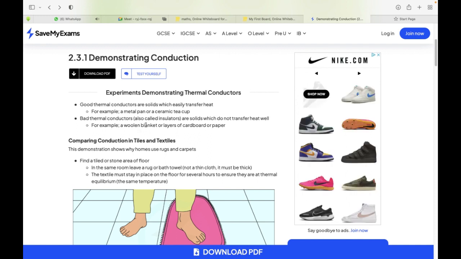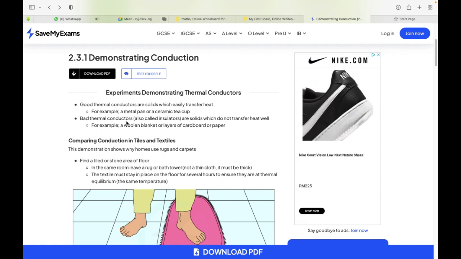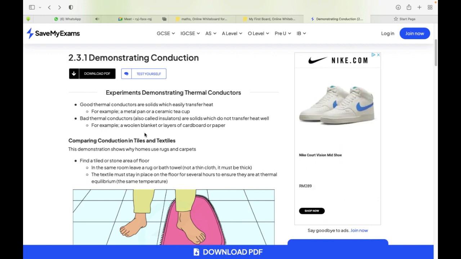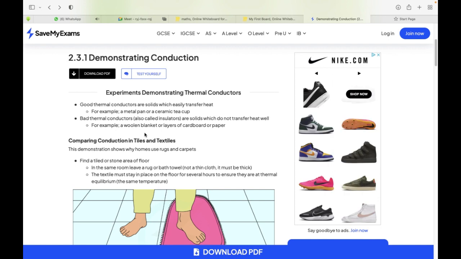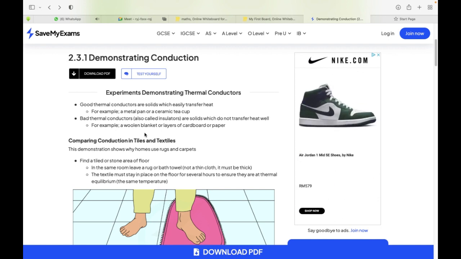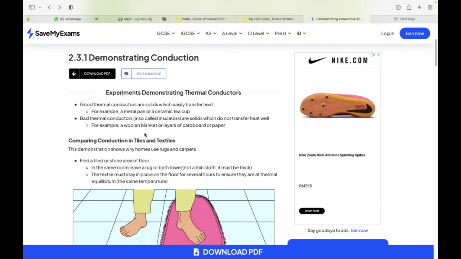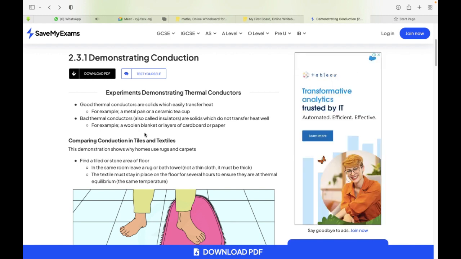A bad thermal conductor, which we usually call an insulator, is a solid which does not transfer heat very well. They probably do it a little bit, but they are called bad conductors. They either do it a little bit or not at all.